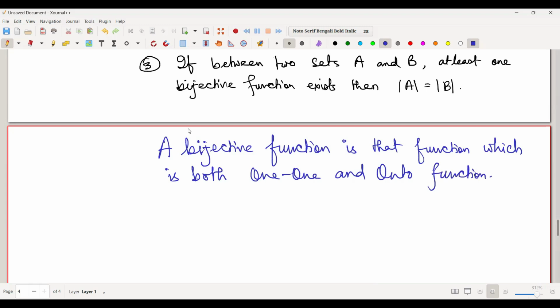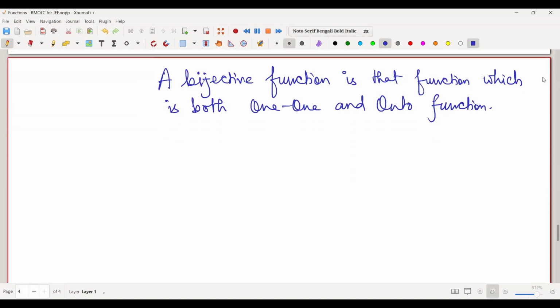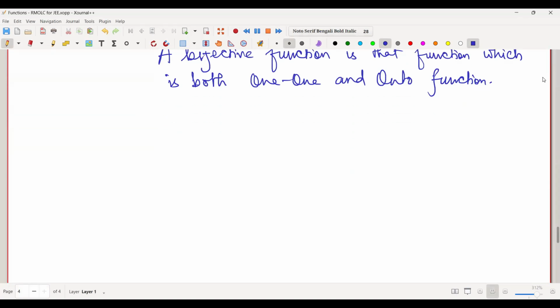Okay, now I will tell how to check whether a function is bijective or injective or surjective. So now we will talk about how to check whether a function is 1-1 or onto.